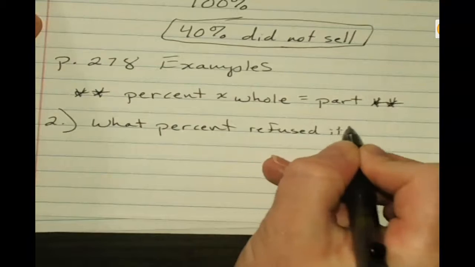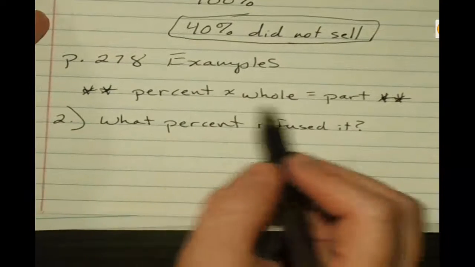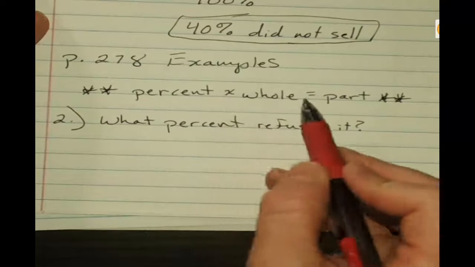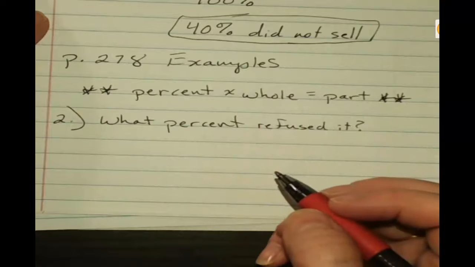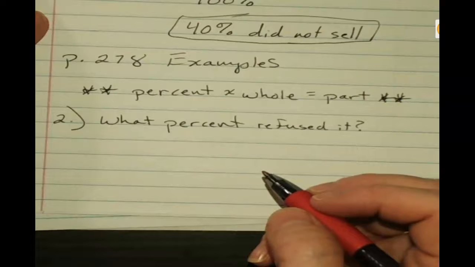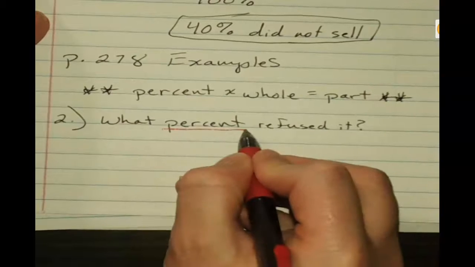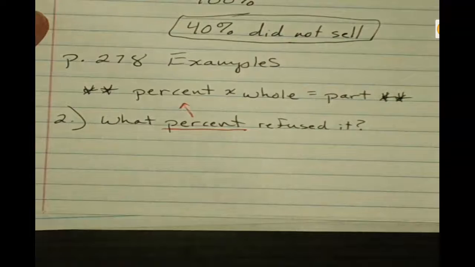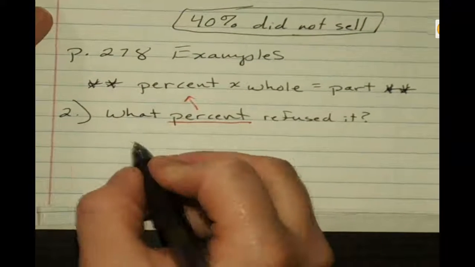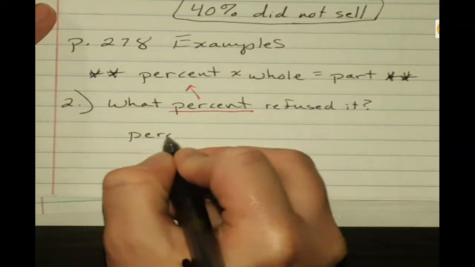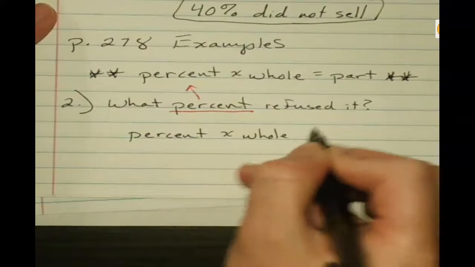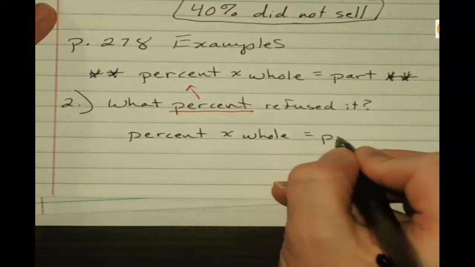Okay, so here's the big clue. Here's a formula. Remember that formula I showed y'all? Percent times whole equals part. So out of these 3 things, what are they asking you to find, Tanner? Percent. Bingo. They're asking us to find the percent. So if we were to write this, percent times whole equals part.